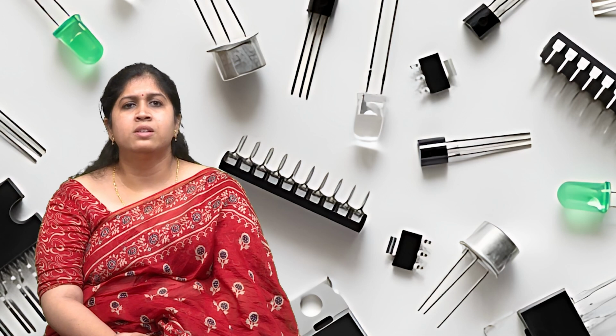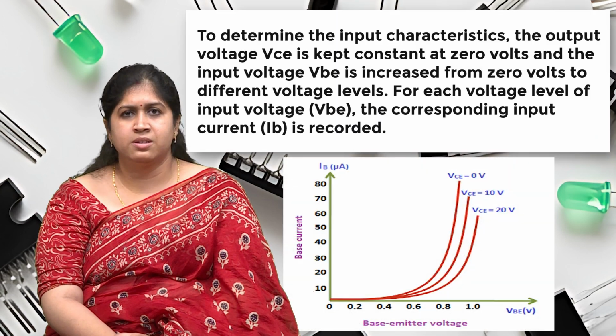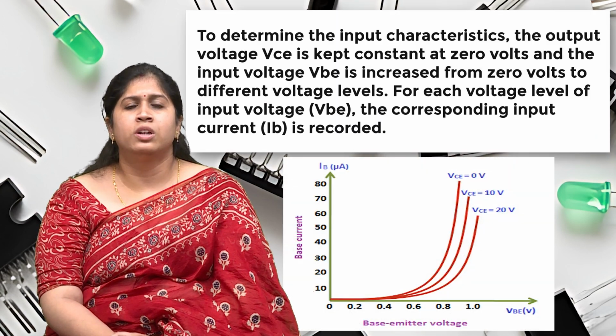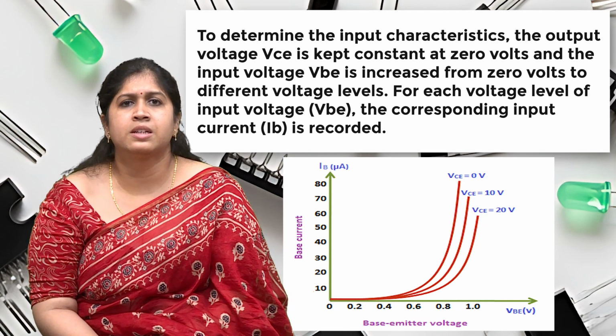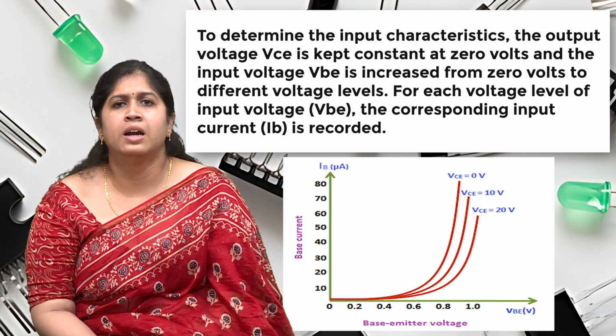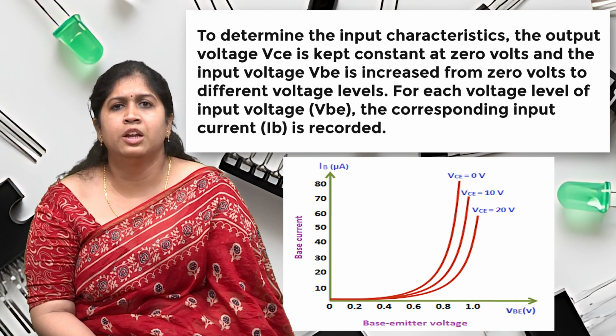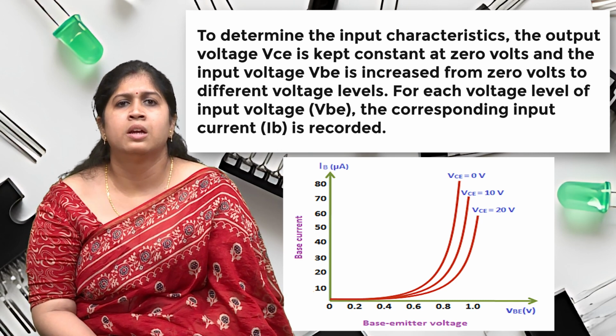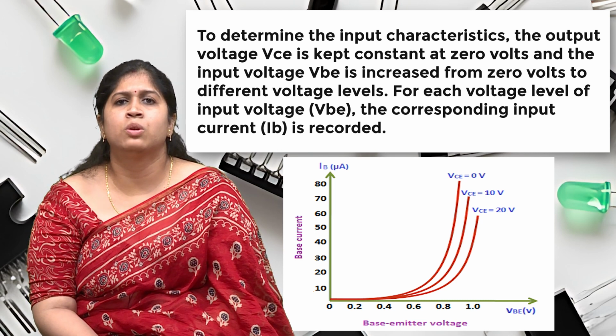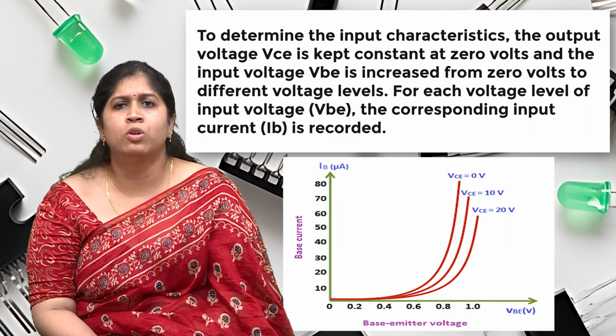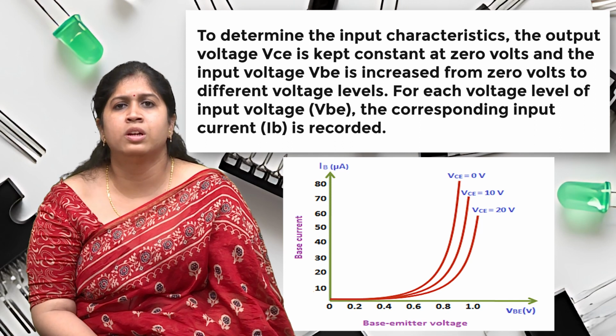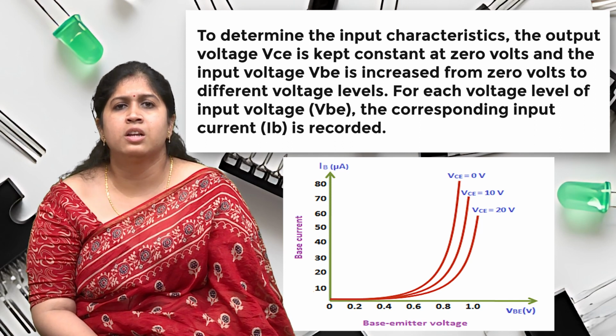To determine the input characteristics, the output voltage VCE is kept constant at 0 volt and the input voltage VBE is increased from 0 volt to different voltage levels. For each voltage level of input voltage VBE, the corresponding input current IB is recorded.